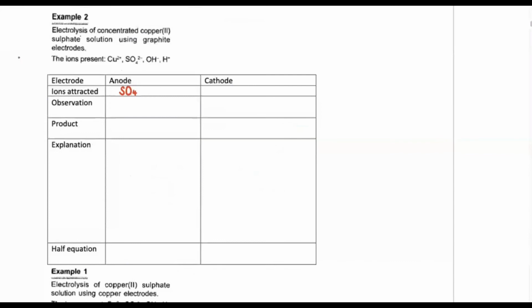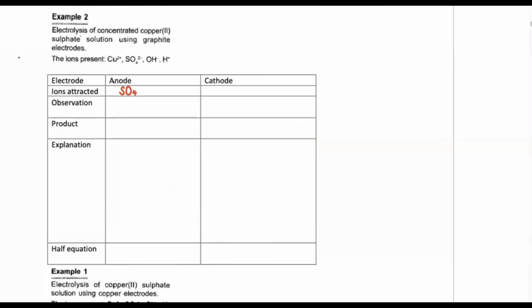If they are not chloride, bromide, or iodide, there is no chance to form product at all, no matter how concentrated you use. So because of that, sulfate has no chance to form products even though it's concentrated. So hydroxide will form products. The product formed is oxygen gas.